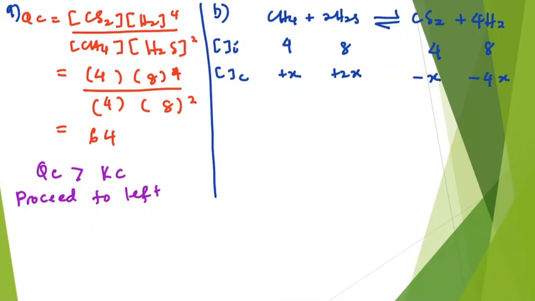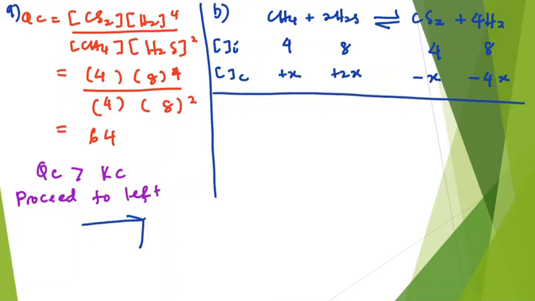If, let's say, in another question you get the QC value and it is less than KC value, it means that at that time the reaction is progressing to the right. So during that time, the reactant side will be negative as usual, and the product side positive as usual.